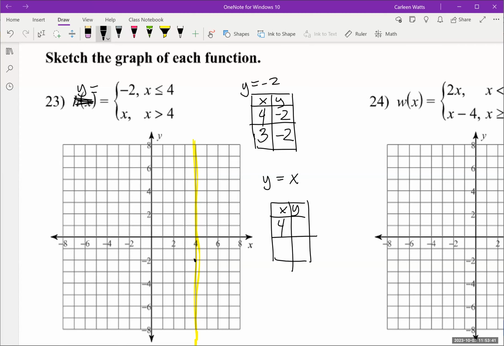X is 3, y is -2. So this is a horizontal line to the left of 4, with a closed circle.